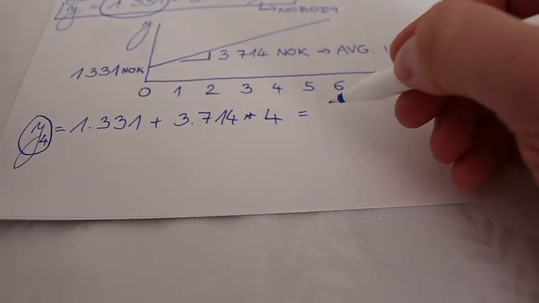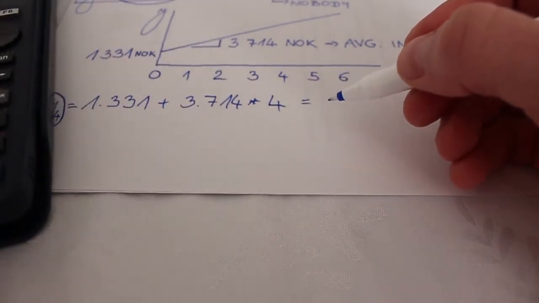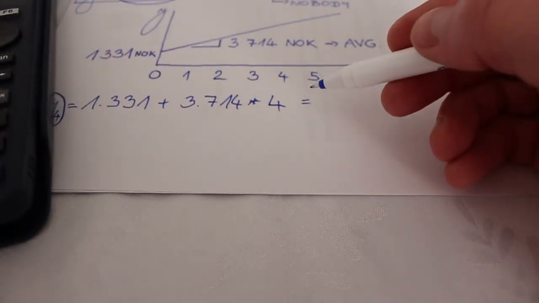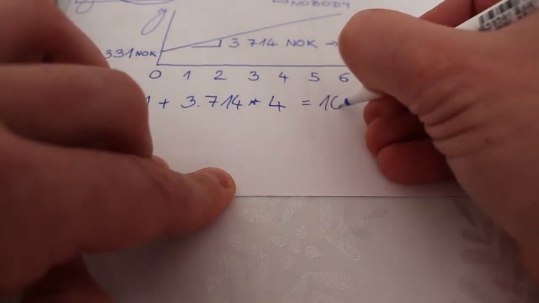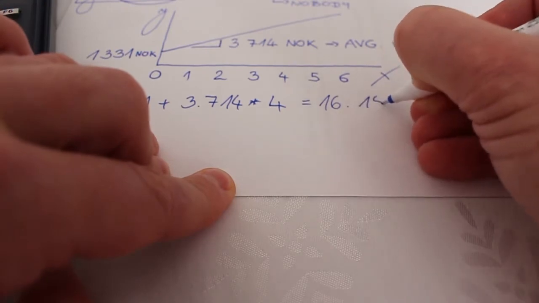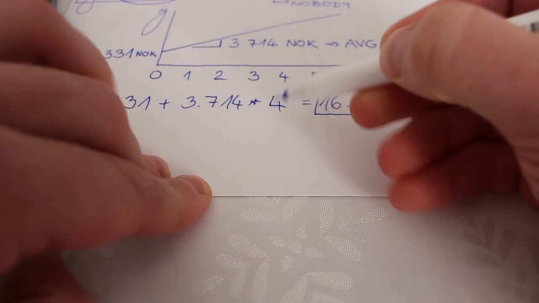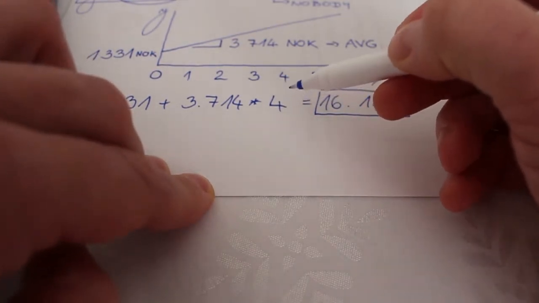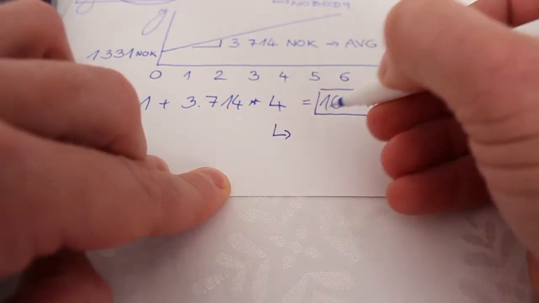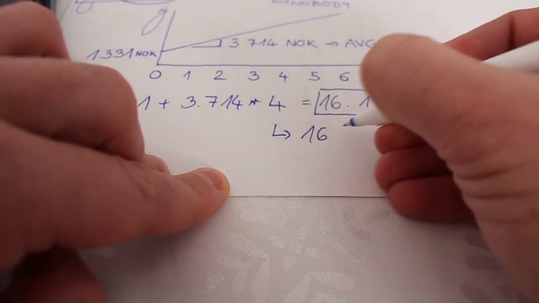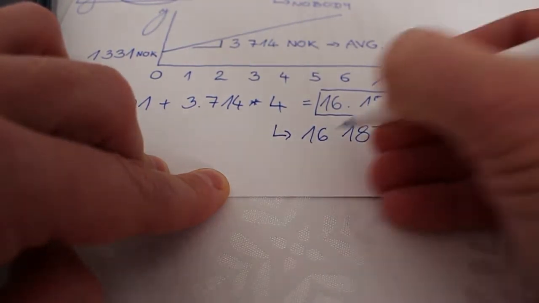So my result: 1.331 plus 3.714 times 4, 16.187. So my expectation is this household with 4 members will need, according to my model, 16,187 Norwegian crowns.